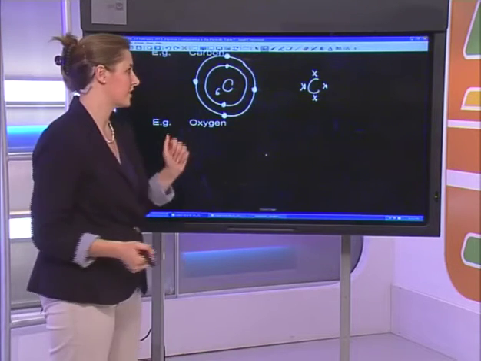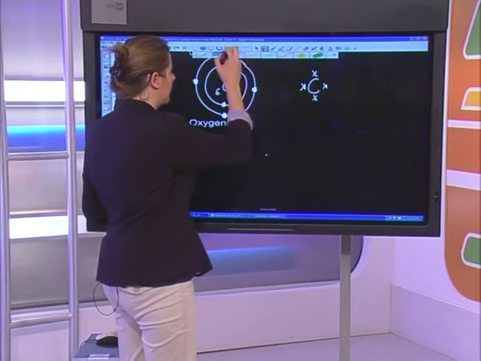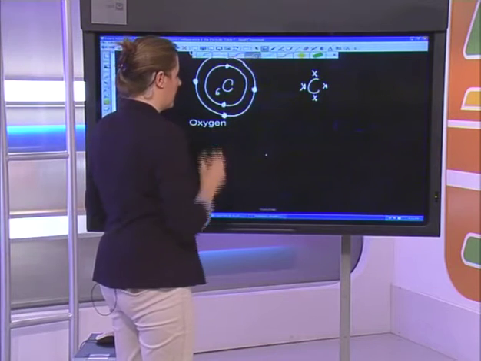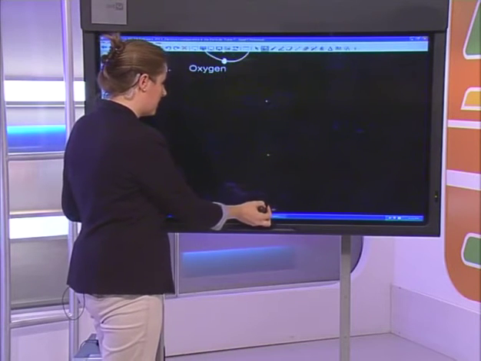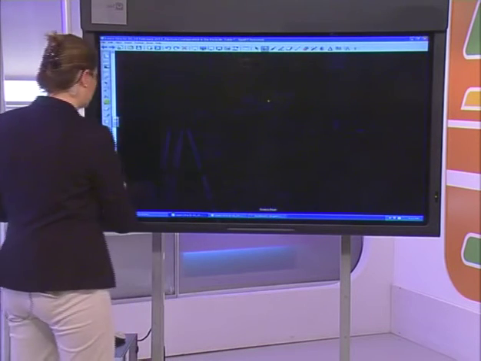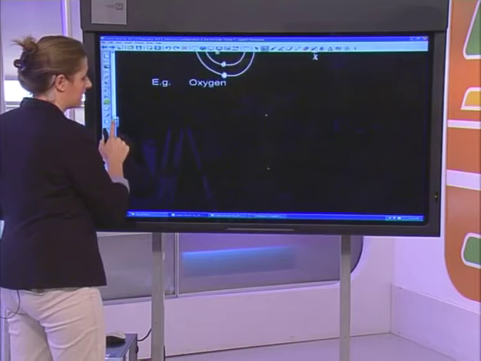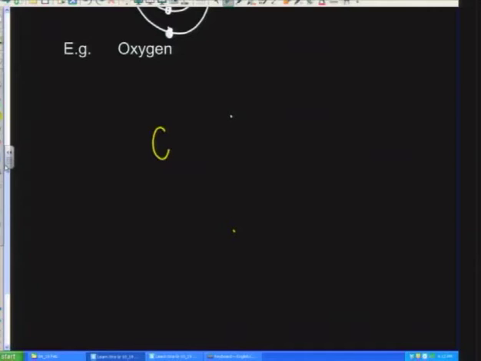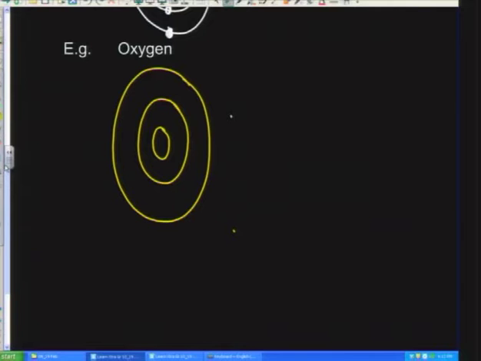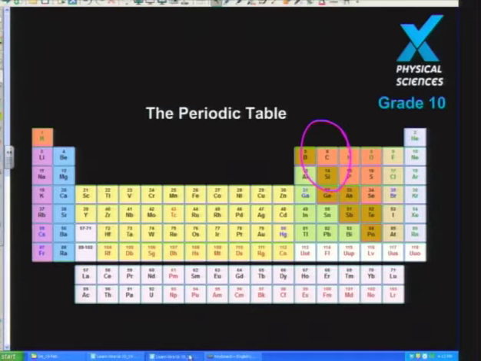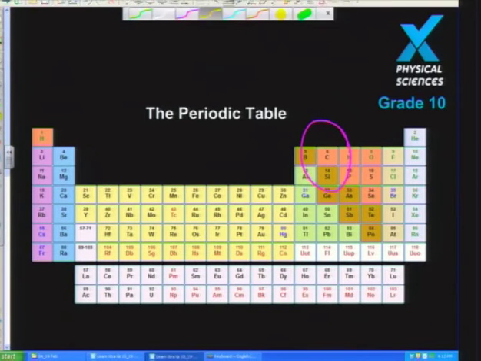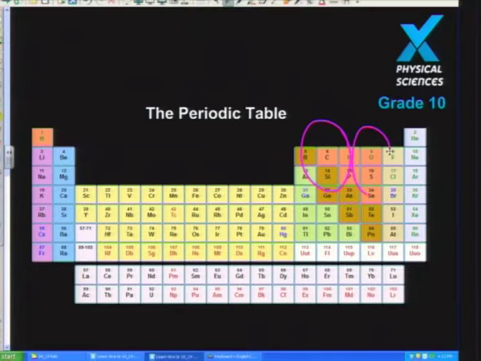We're going to work with oxygen. So I'll change pen color and let's work with yellow for oxygen. Let's find oxygen again and draw its ring structure. I need to go to a periodic table, find oxygen. We've got oxygen over here, oxygen number 8.